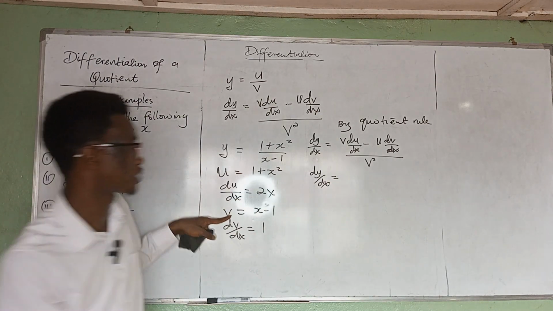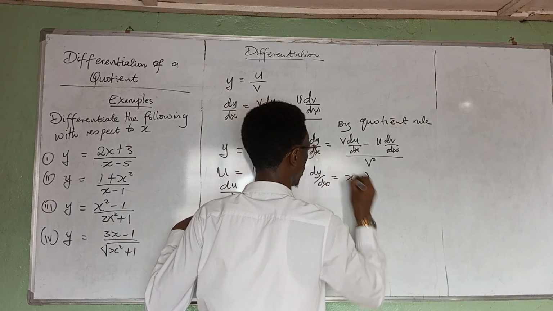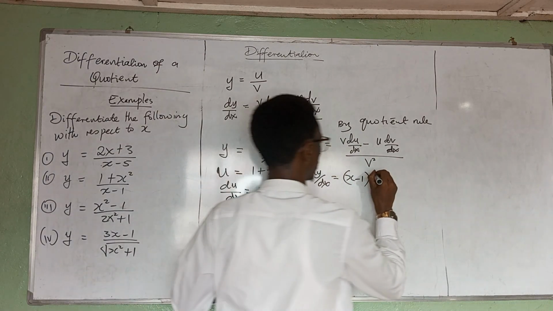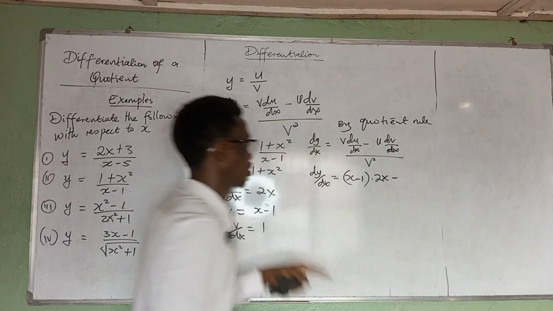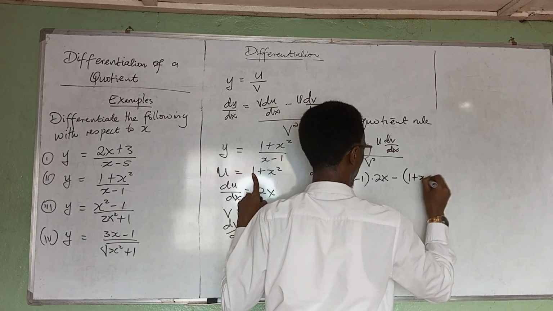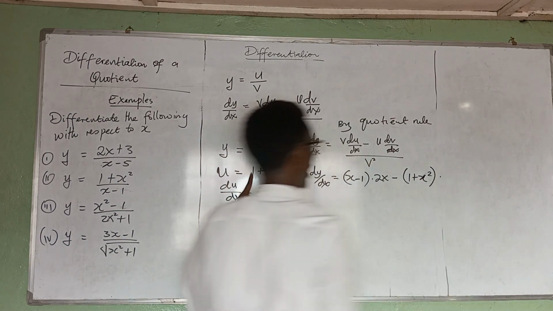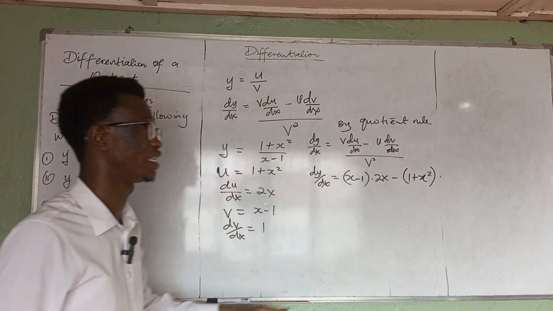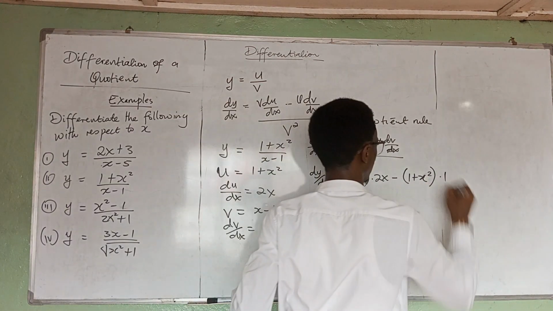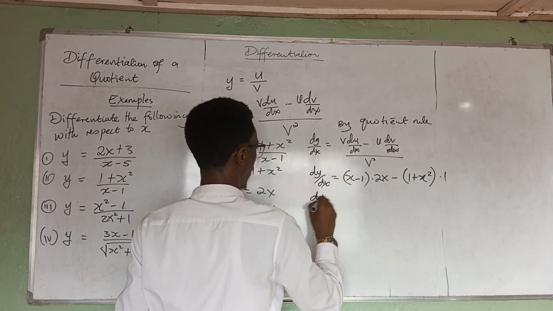Your v is here, x minus 1. You have x minus 1 multiplied by du by dx, which is 2x, minus, what is your u? Your u is, open bracket, 1 plus x square, multiplied by your dv by dx, which is 1. So now this is dy by dx.